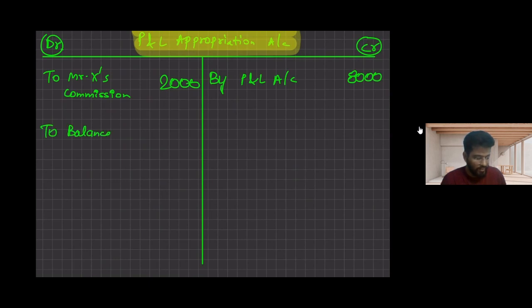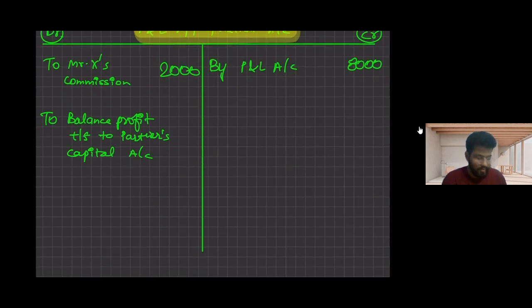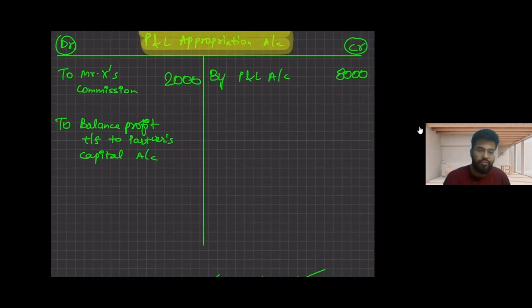The balance profit is transferred to the partners' capital accounts. Let's say we took the example of 5 partners.